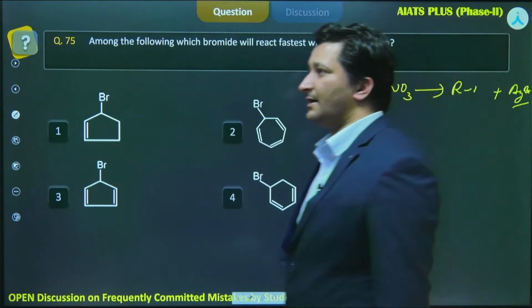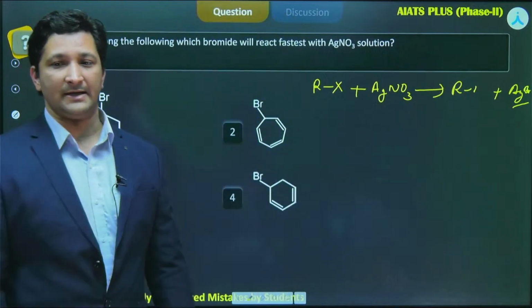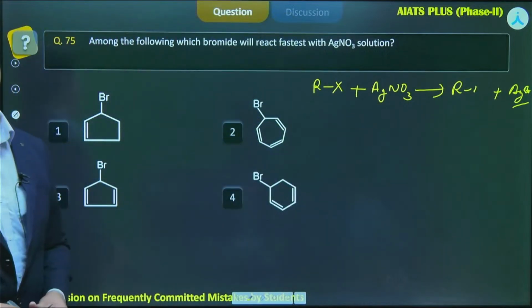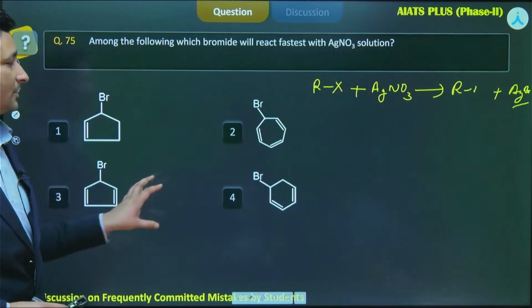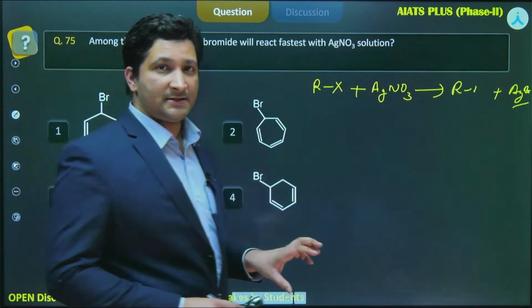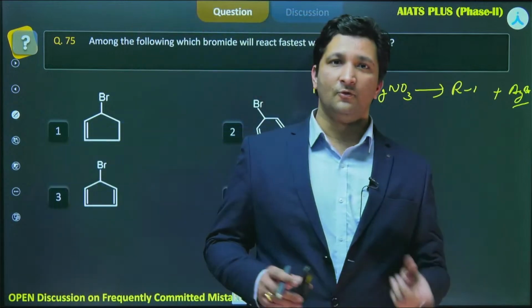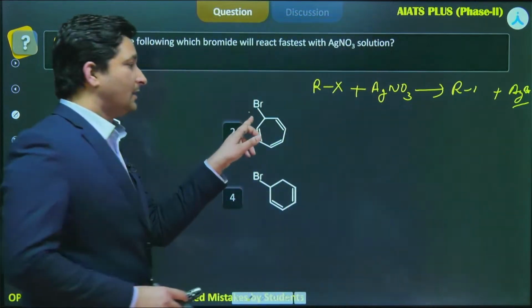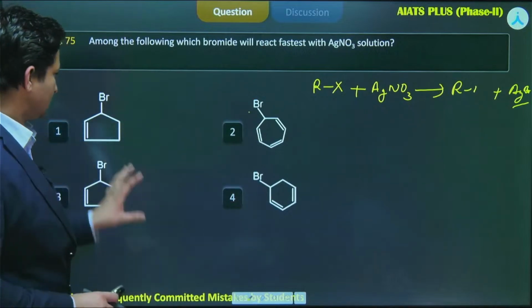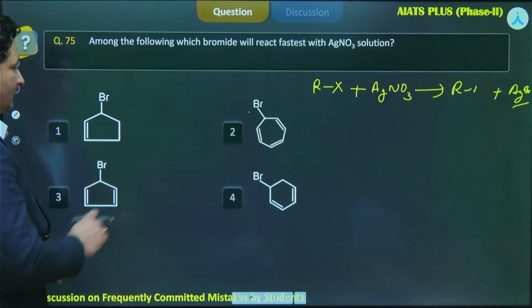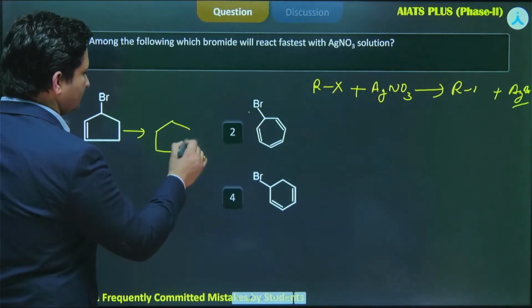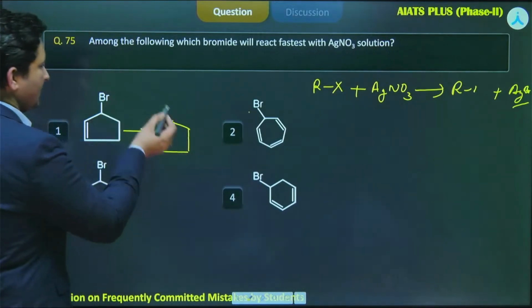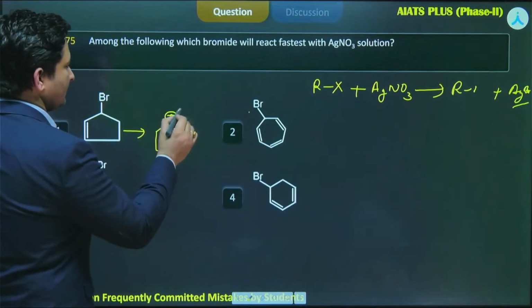So again, generally the formation of carbocation will take place here. This formation of carbocation is a very important concept. The more stable the carbocation formed, the more the tendency of the halogen to leave. So if Br leaves, then this carbocation will be formed.